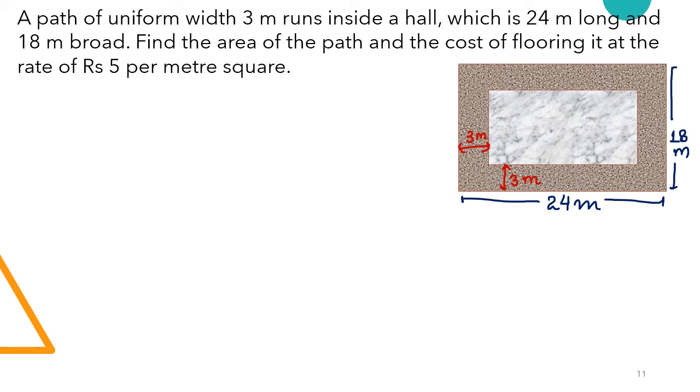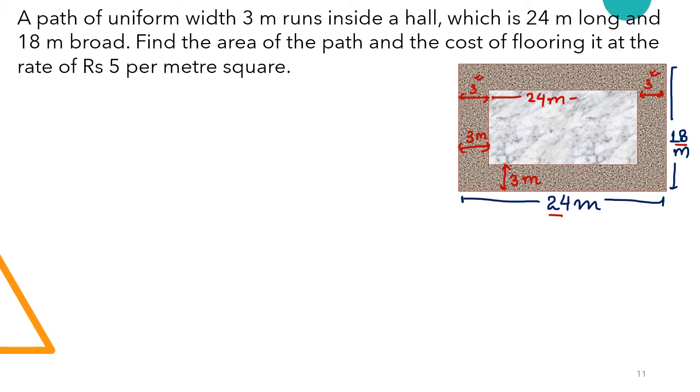Now this path is constructed inside the hall, which means now the length and breadth of the hall is decreased. Earlier the length was 24 meter and breadth was 18 meter. After constructing this path, which is 3 meter broad all around, the length and breadth of the hall is decreased. So now the new length of the hall is 24 meter minus 3 meter and 3 meter, that is 6 meter in all, because 3 meter is decreased from this side and 3 meter from that side.